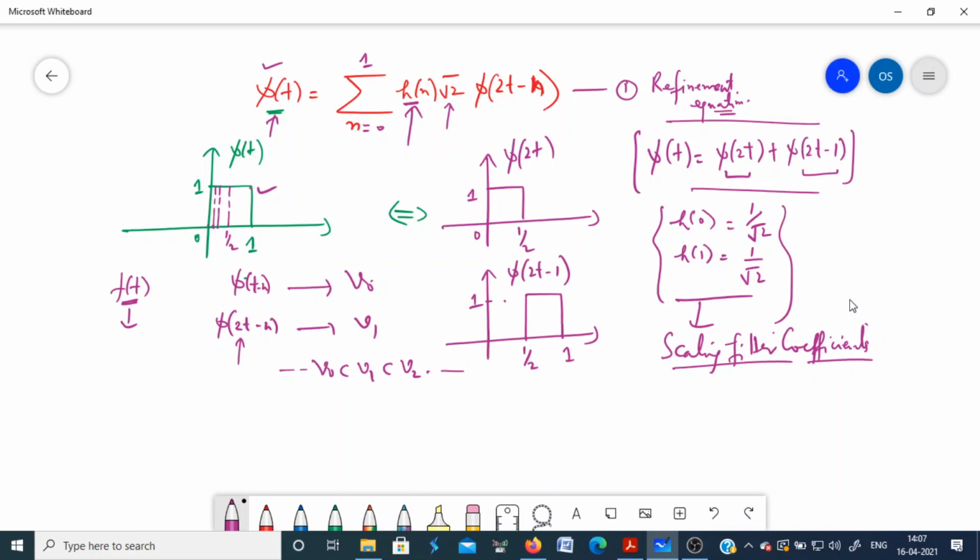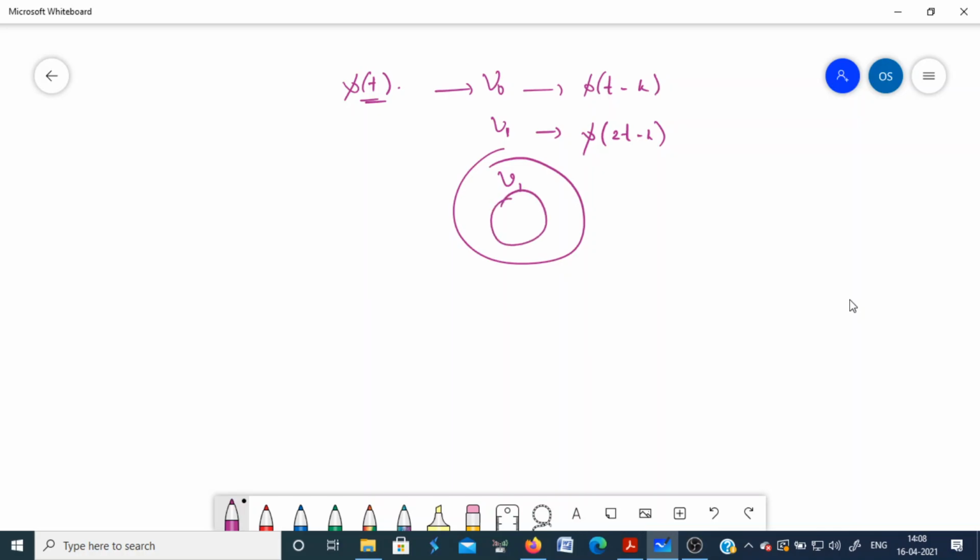Now, once you have defined a scaling function phi t, we have seen that if the space V0 is the space of these functions phi t minus k, then the space of phi 2t minus k is V1, and of course V1 will contain all those signals which are in this space V0.